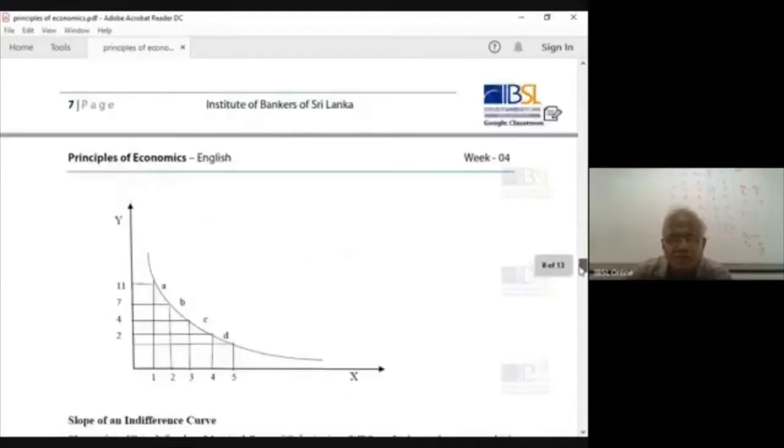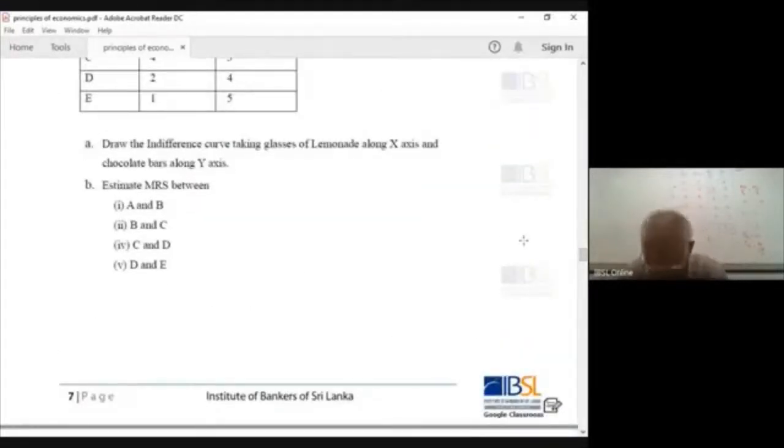It is the consumer's willingness to substitute one good for the other. In marketing, we are different because our willingness to substitute two goods is different. We are unique between chocolates and ice creams. To get 1 chocolate, how many ice creams?